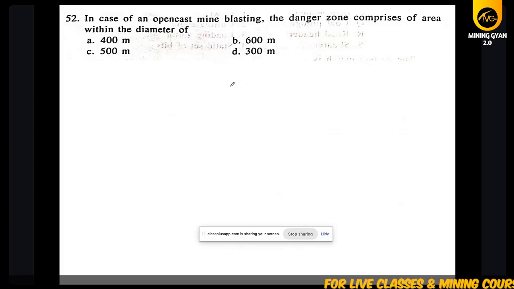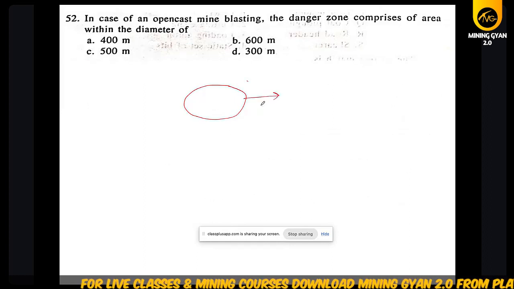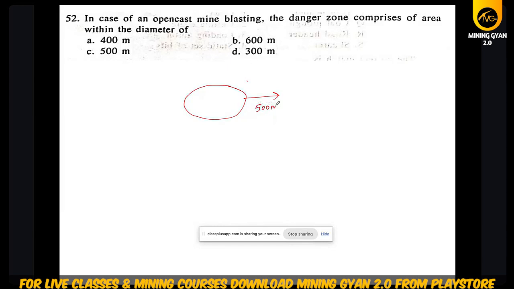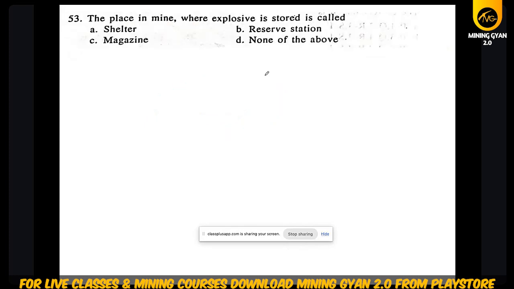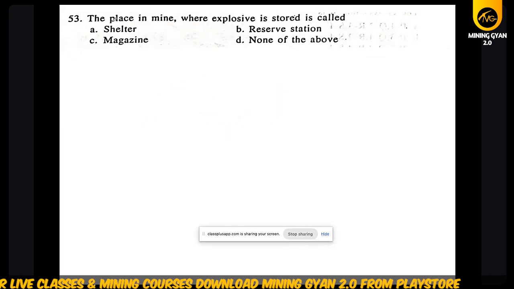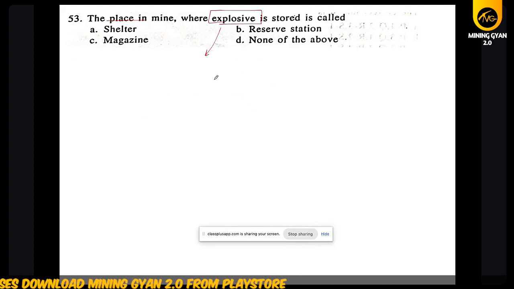So it is a very easy question. In open cast mines, the danger zone is up to 500 meters. Place where the explosive is stored. Very simple question.